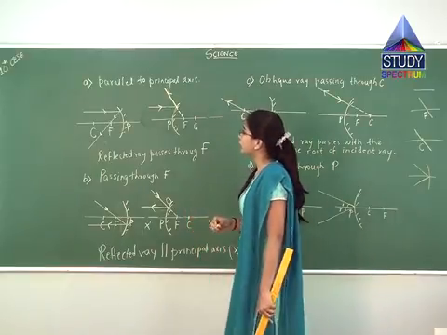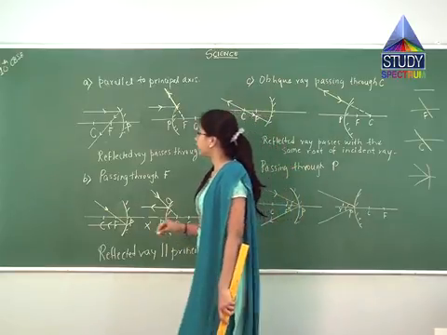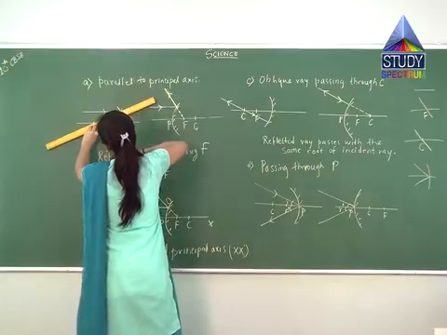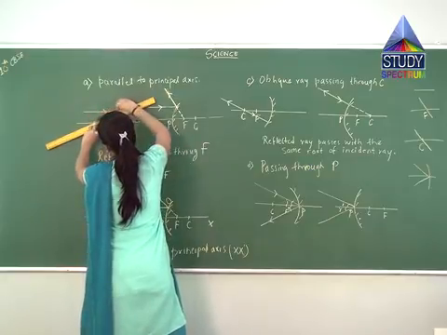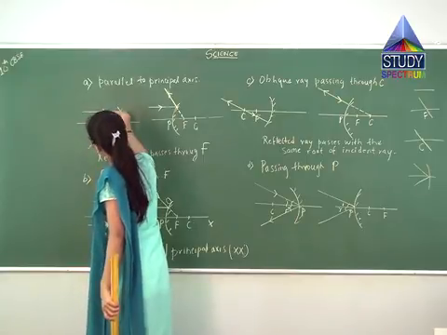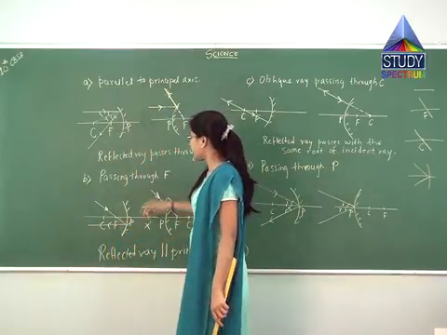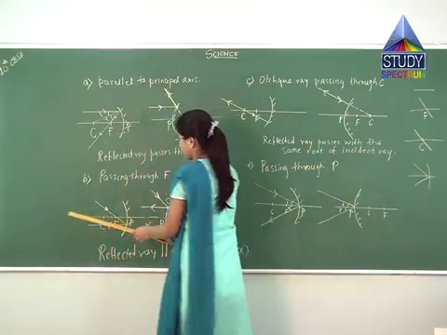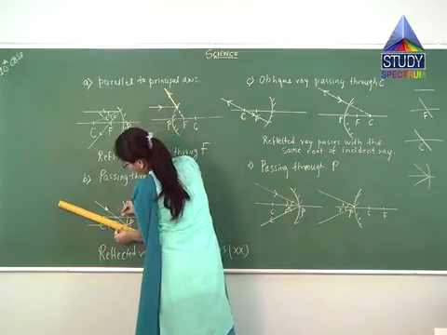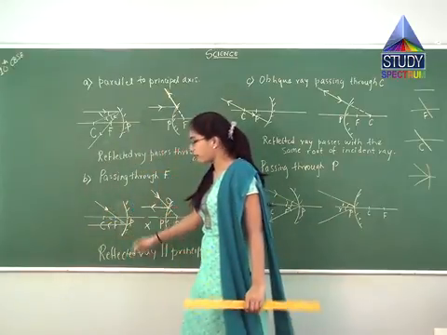So now I would like to show you how the angles of incidence are equal to the angles of reflection. Here, this was the angle of incidence, and this was the angle of reflection. In the second case also, I will not draw here, I will just explain.